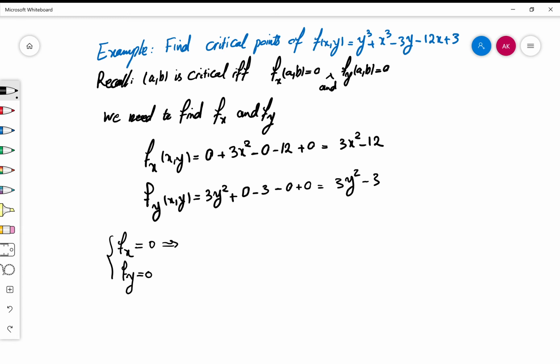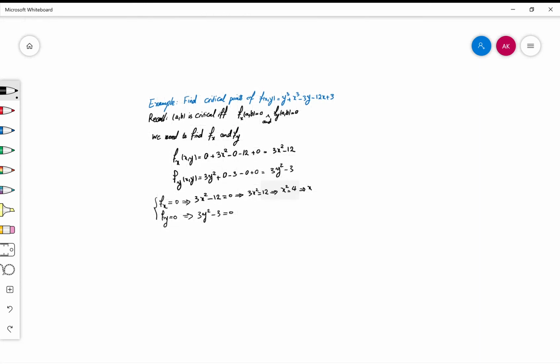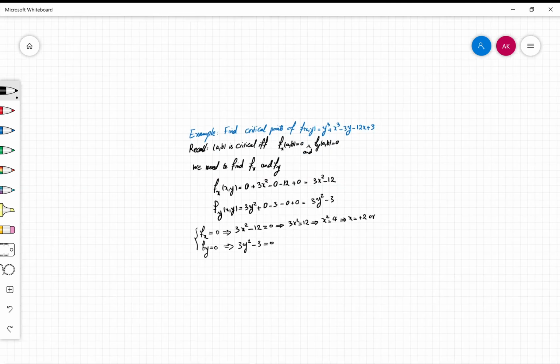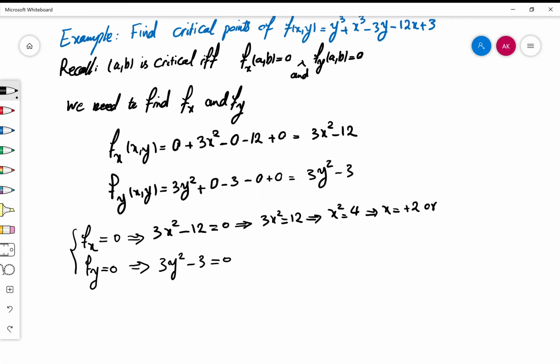Now we have to set them equal to 0 and solve. So 3x squared minus 12 is equal to 0, and 3y squared minus 3 is equal to 0. Let's solve one by one. 3x squared is equal to 12, then x squared is equal to 4, then x is either plus 2 or minus 2.